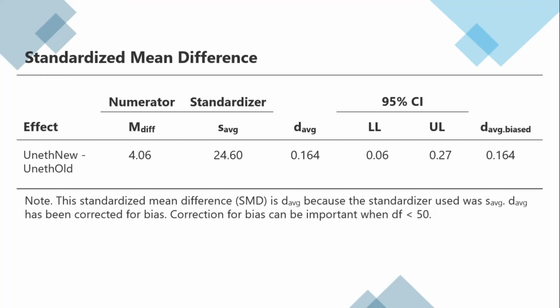So 0.16, if you recall from the last chapter, as far as different benchmarks, is not anything very large. It's rather on the small side. And so, for example, Jacob Cohen calls a 0.2 in psychology a relatively small effect. So we're a little under the 0.2. So we're in that kind of small range here.